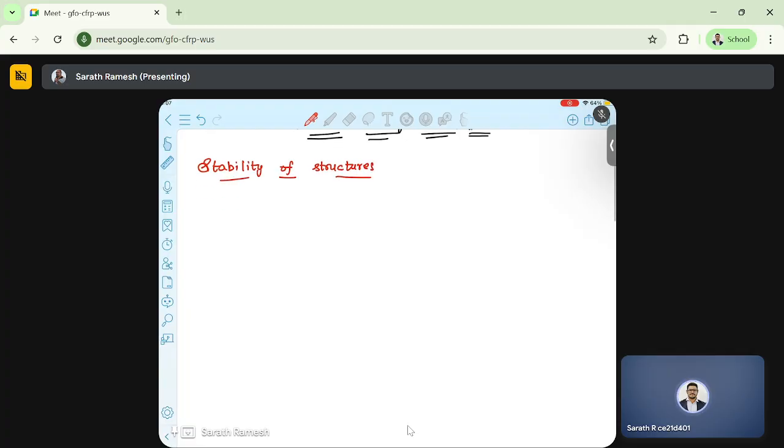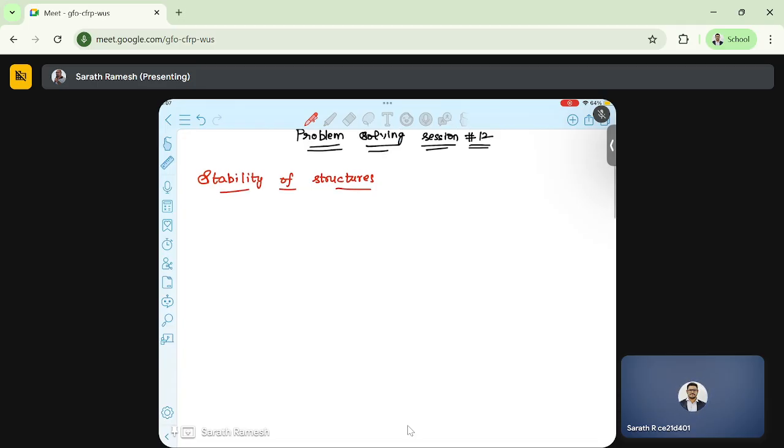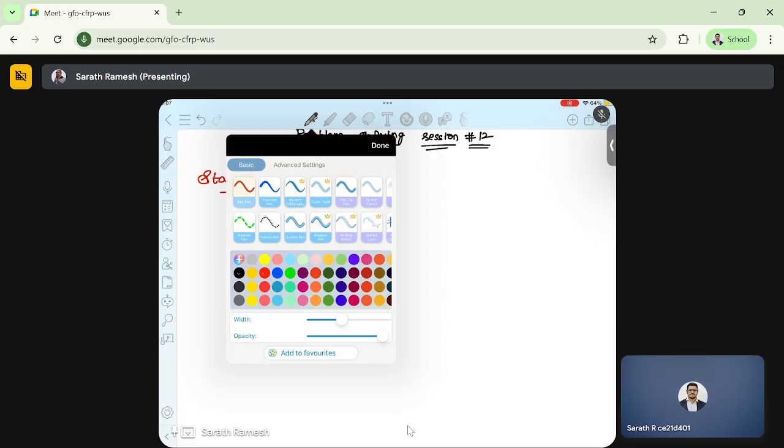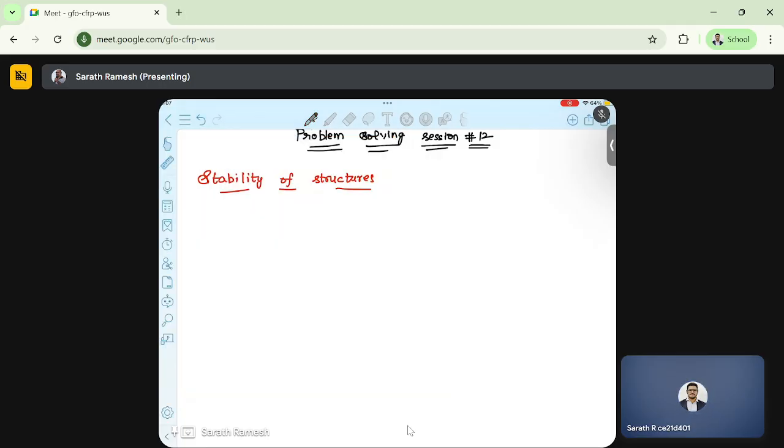We saw in the lecture there are three possible states of equilibrium. One is stable equilibrium, where if we displace the body by some amount, it will come back to its original position.